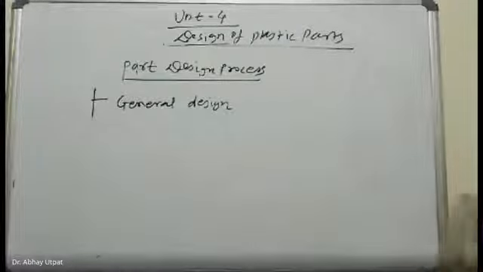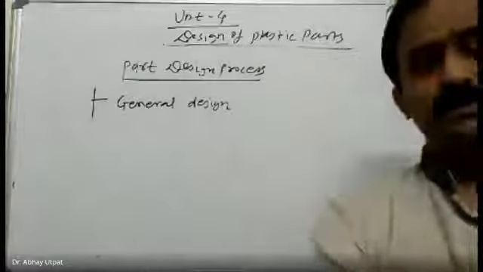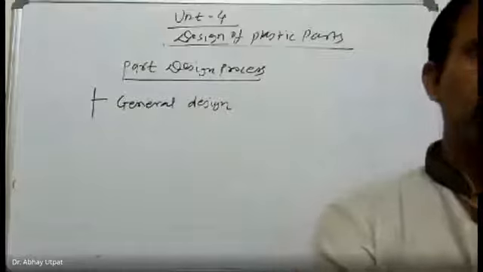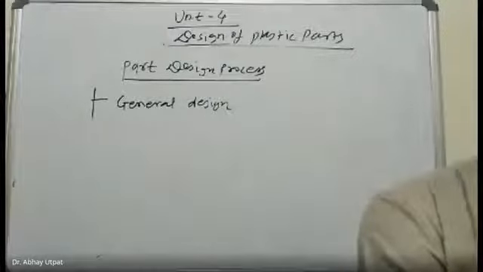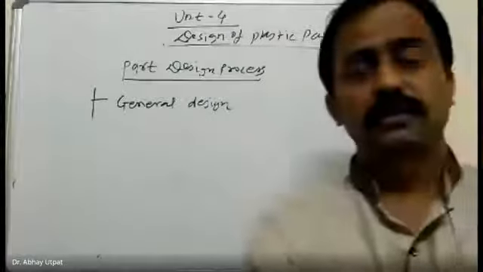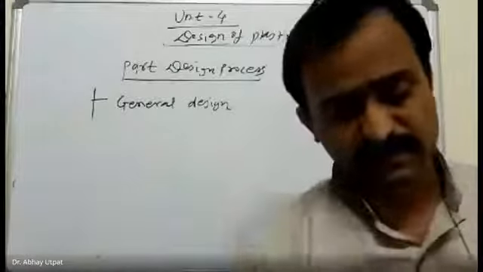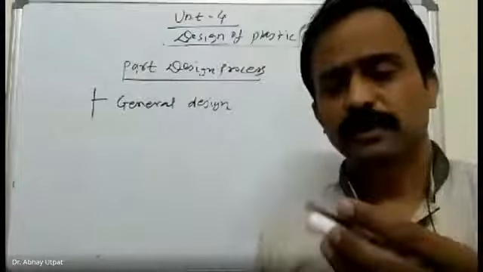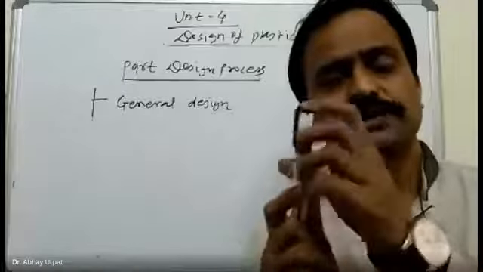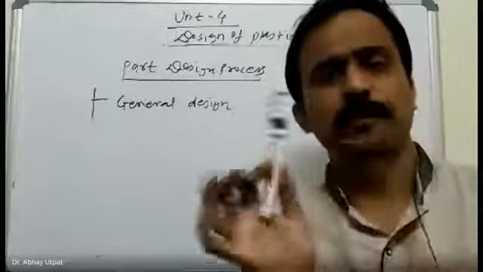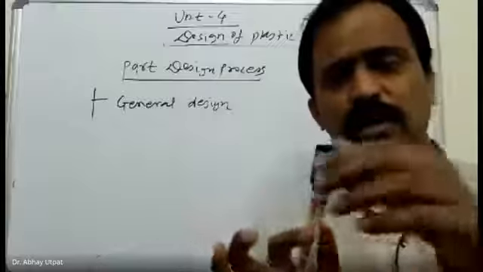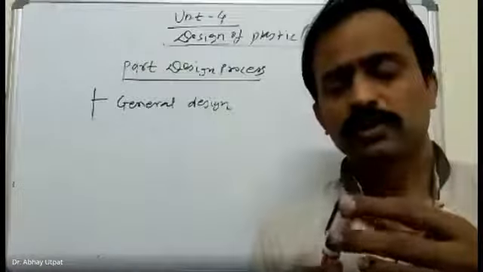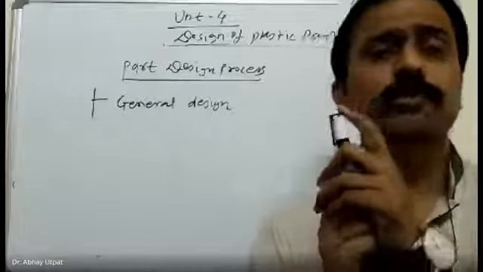It includes functional requirements. Functional requirement means how that part is going to perform, where it is used. What are the functions? I have designed this cap. What is the function of this cap? To remain in a tight position on the tip of the pen. How are you going to handle it? Which function is it going to perform?